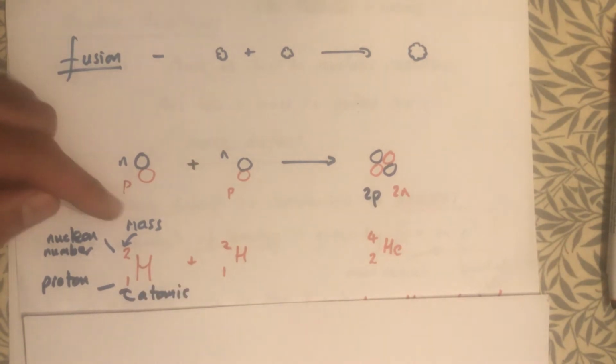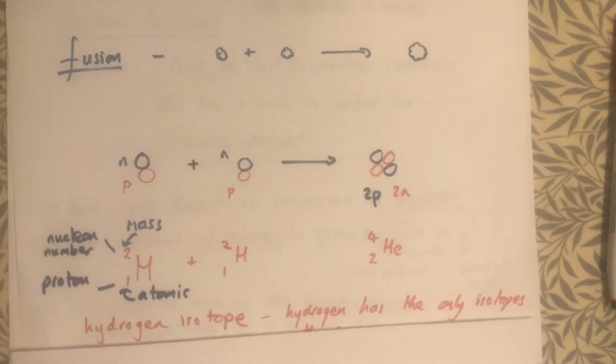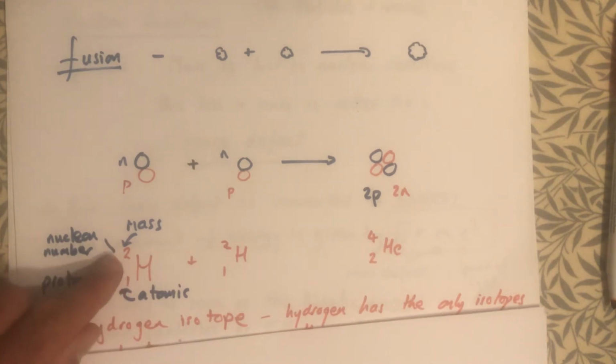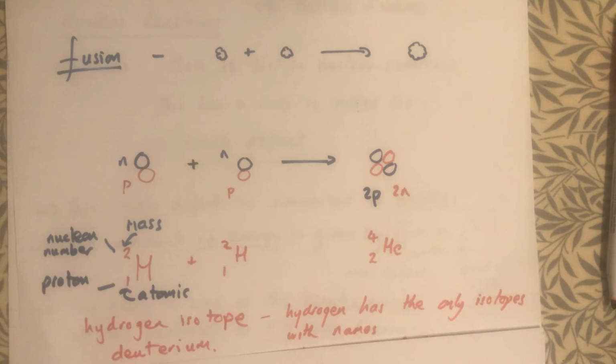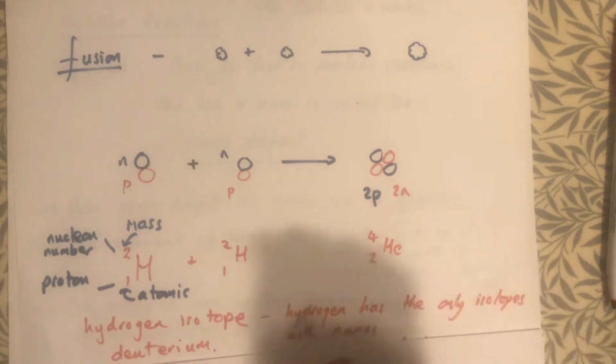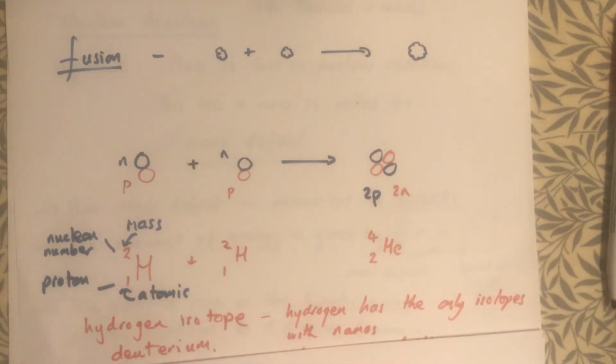And obviously, this is the deuterium hydrogen isotope. So it's a hydrogen with 1 neutron, and that's called deuterium. Hydrogen has the only isotopes which have individual names. Normally isotopes are just named by how many neutrons they've got.